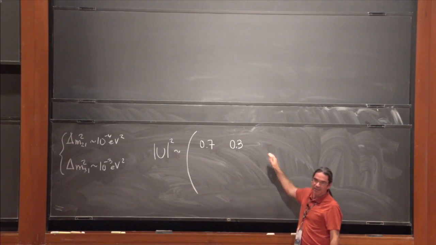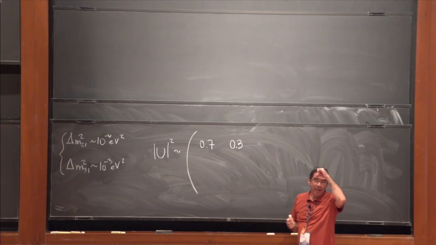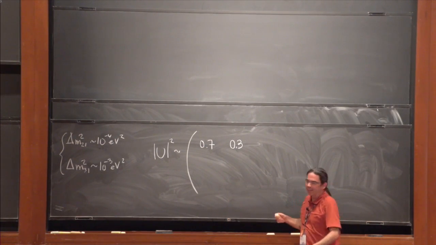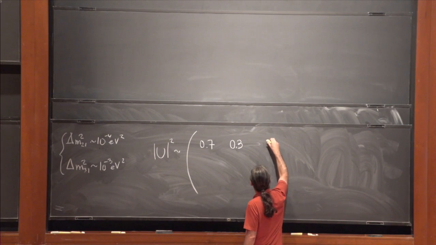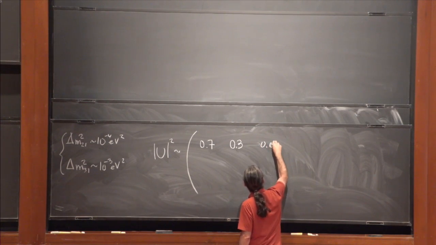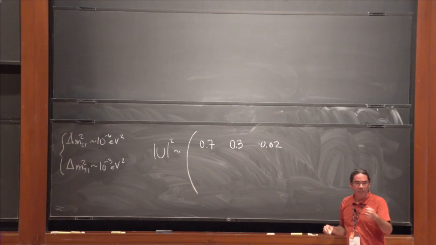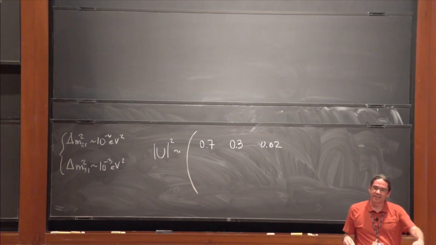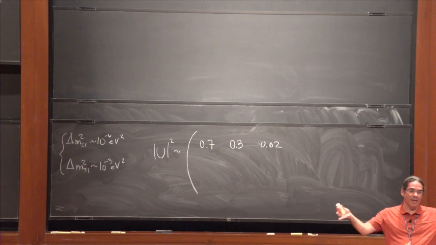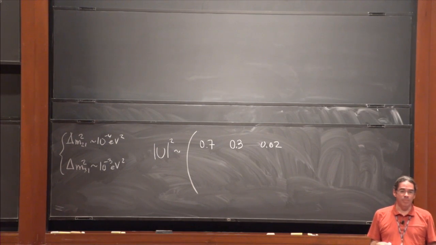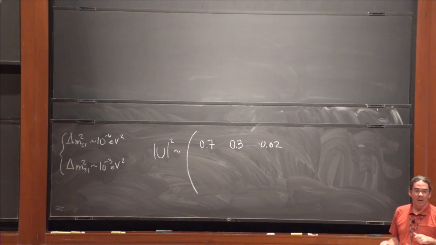This number here, we've measured with the Daya Bay experiment. That's a few percent, so I say 0.02, something like that, for the mixing angle squared. That's measured by these reactor experiments, and it's also confirmed by long baseline oscillation experiments: the NOvA experiment at Fermilab, and the T2K experiment in Japan.